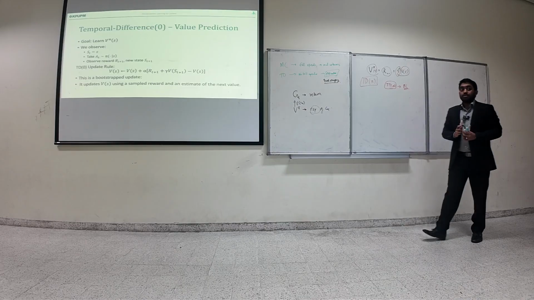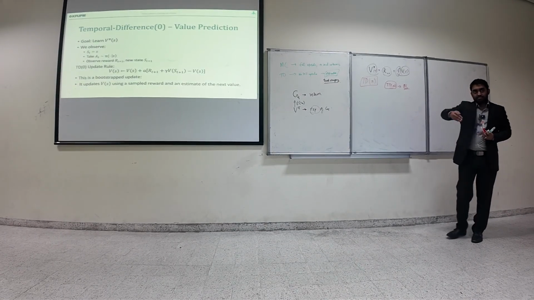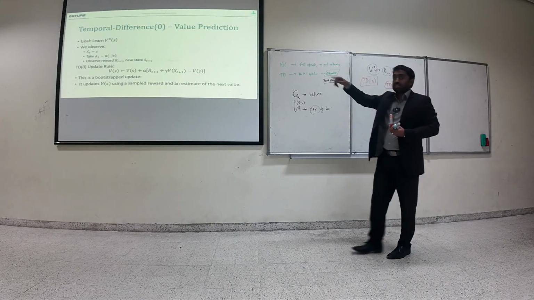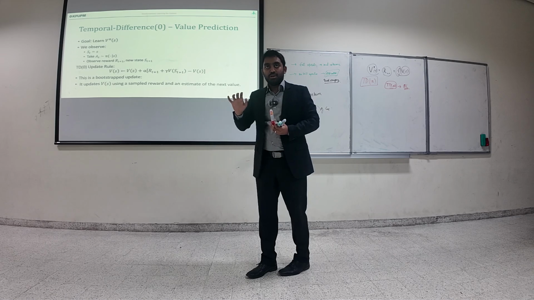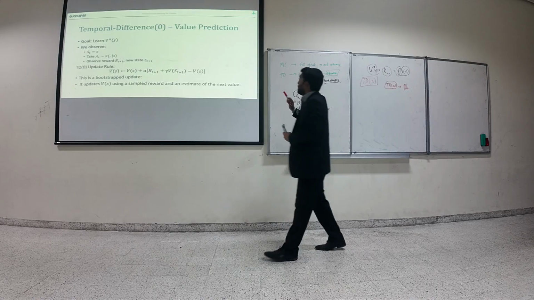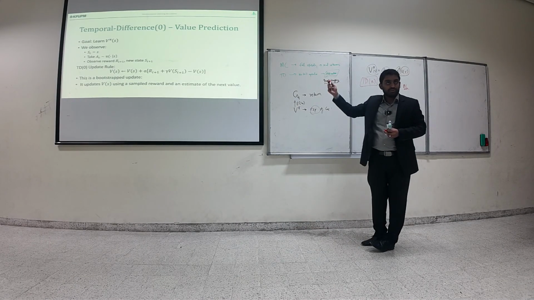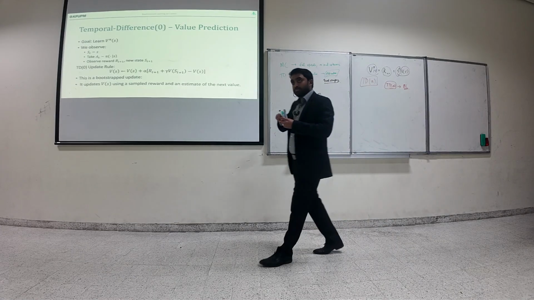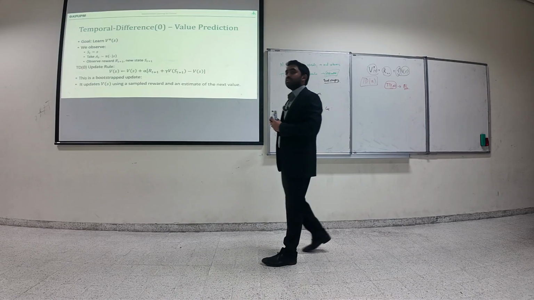N is the number of steps you take from start. Yes, indexed by 0, like 0, 1, 2, 3, 4, 5. That's why TD0 means you're taking only one step. You're considering only one step into the future. Right? Now you see there is the term called difference, right? Temporal difference. Meaning there is some kind of mathematical difference involved here. What is the difference here?